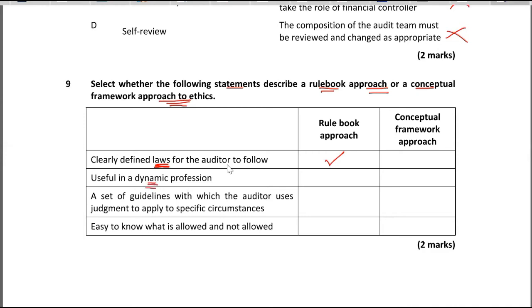So when there is something changing, there cannot be a rule, there can be a practice. Conceptual framework. A set of guidelines which the auditor uses judgment to apply to specific circumstances. Judgment means that there will be an option to think yourself what to do. So it's a framework. Easy to know what is allowed and not allowed, what you can do and what you cannot do. So this is a rule book. Common sense, rule and principle.